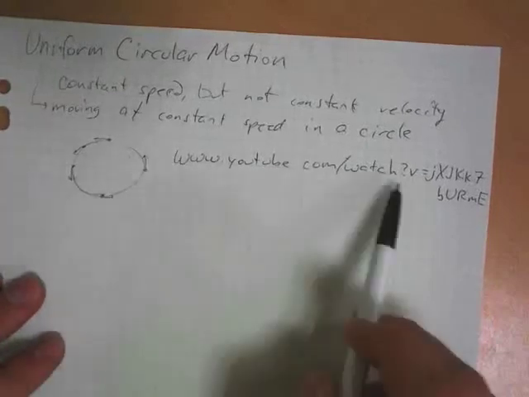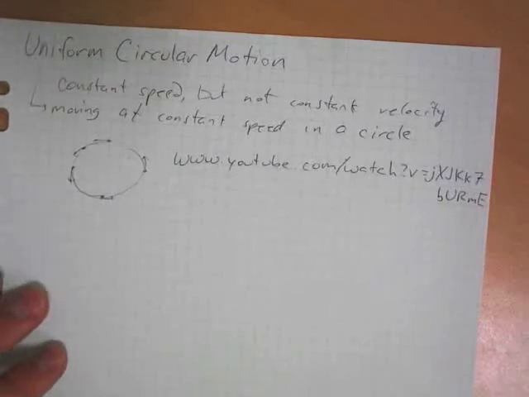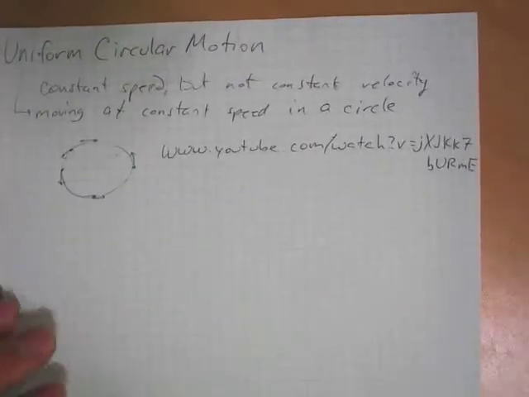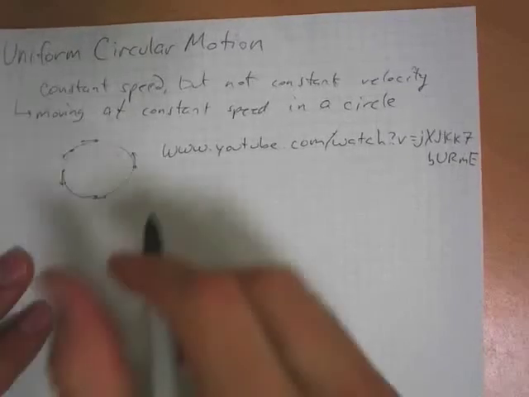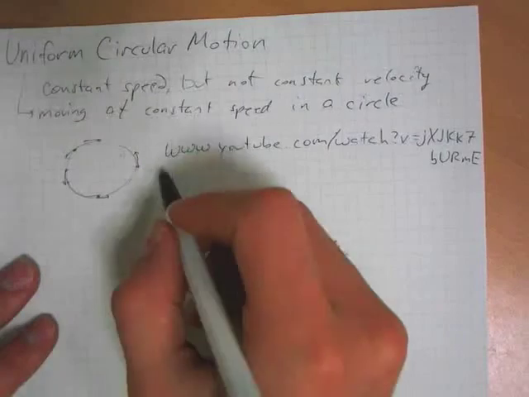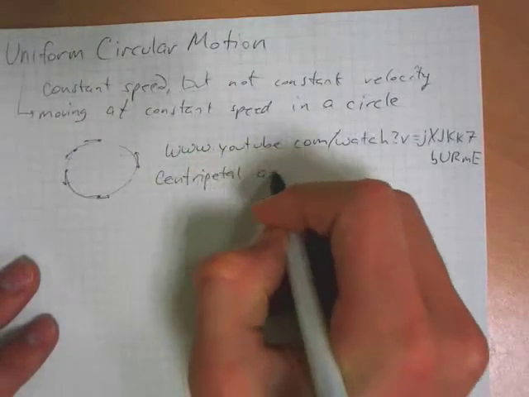This is a good explanation of how to derive the centripetal acceleration formula, the acceleration of an object moving in a uniform circle. For an object moving in a circle, that acceleration is referred to as centripetal acceleration.